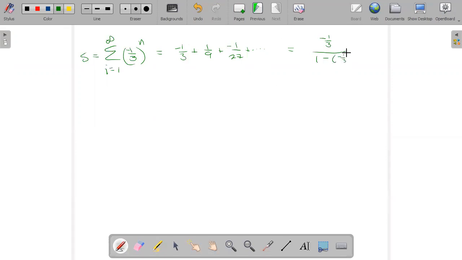So -1/3 in the bottom. That should be -1/3 divided by 1 plus 1/3, which is 4/3. The thirds divide out, so my claim is this should add up to -1/4 in the limit. Will I ever get to -1/4? Answer is no, but we'll approach it. Let's give it a try in Desmos, see what happens.